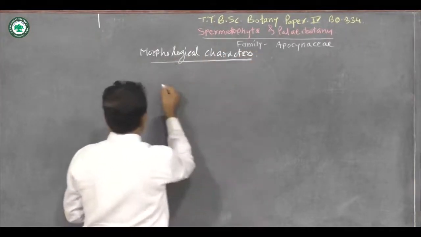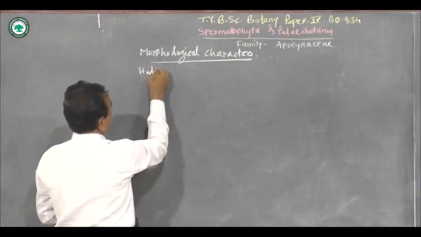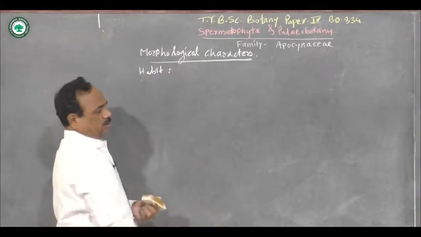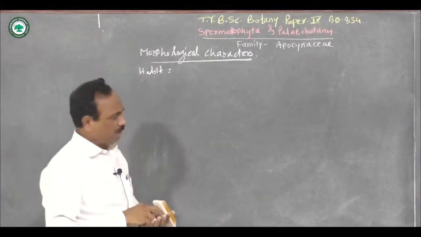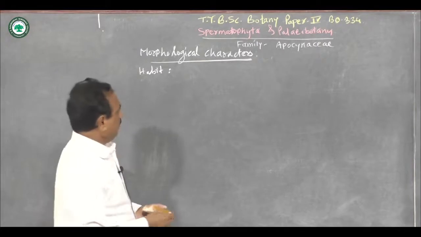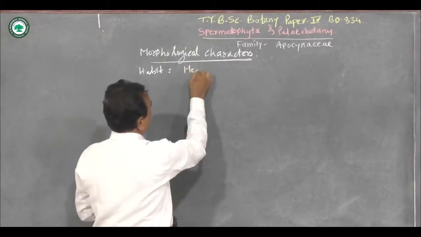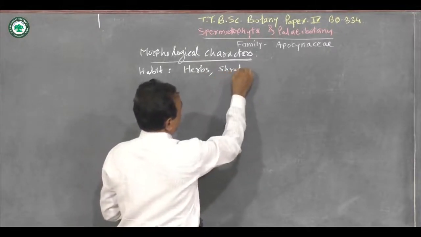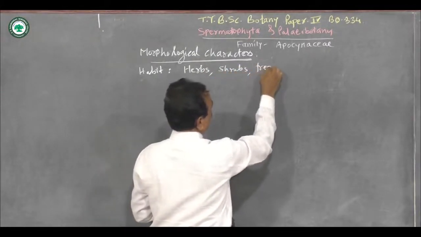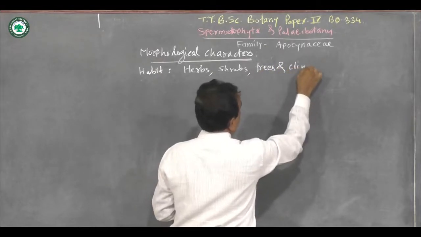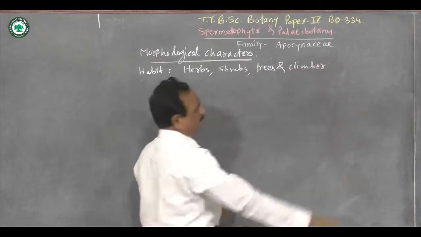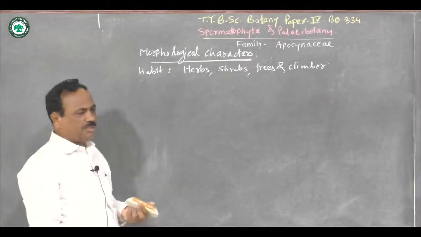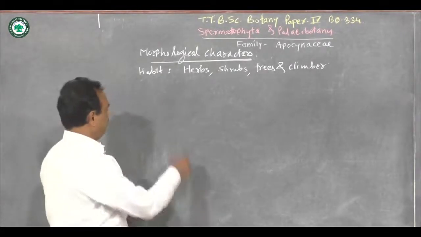Morphological characters. Let us start from the habit of the plant. The plants of this family show herbaceous habit, and also shrubs, trees, and climbers. Thus the plants of the family show a diversified habit with herbs, shrubs, trees, and climbers.